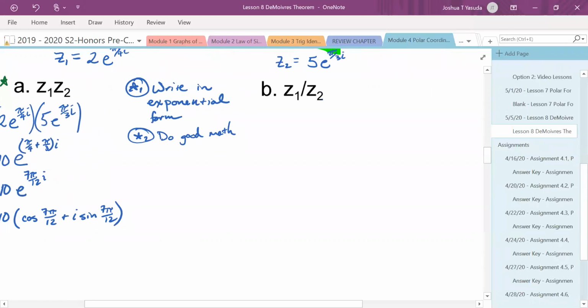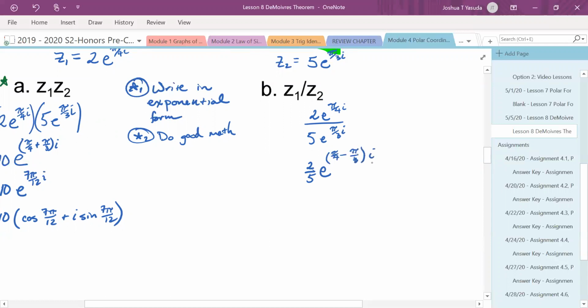So if I was dividing, I would take the 2, right? 2e^(πi/4) over 5e^(πi/3). And when you divide, what do you do with the exponents? You subtract. So I'd say 2/5 e to the, and we're going to do π/4, numerator minus denominator, minus π/3 i.